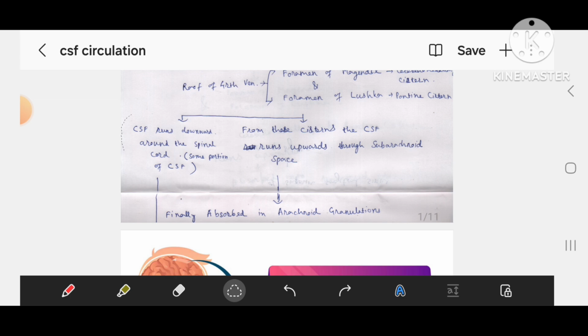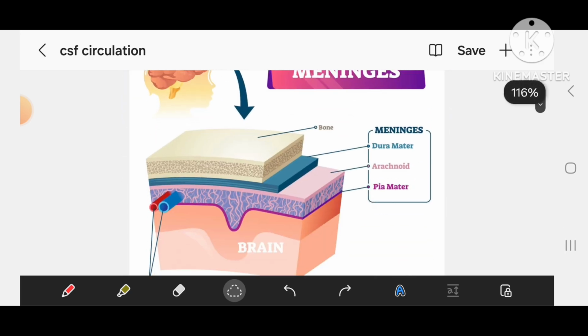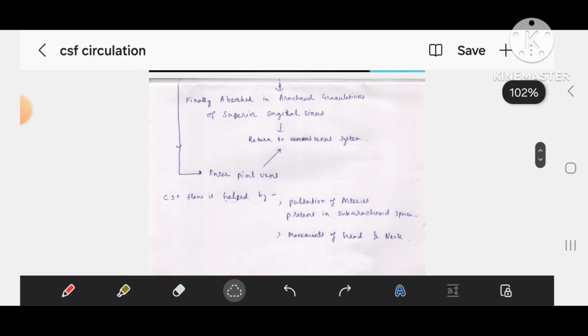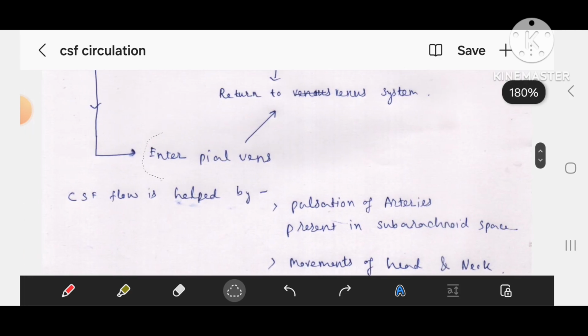This small portion of CSF will run downwards surrounding the spinal cord, and it will be absorbed in the pial veins. That means the veins situated close to the pia mater, the pial veins, in the downward portion of the spinal cord. From there, the pial veins will return to the venous system.